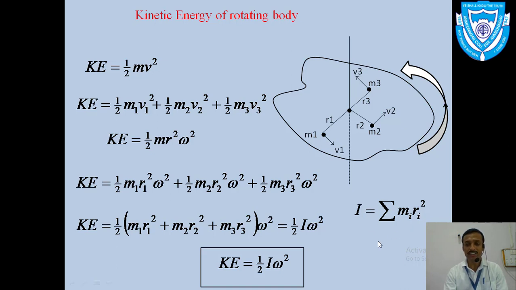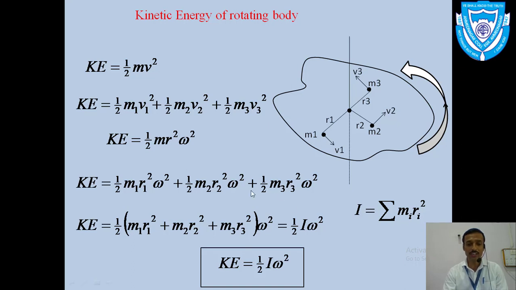You can remember the definition with the help of this mathematical form: moment of inertia is the sum, the summation of the product of the mass of the particle and the square of the perpendicular distance from the axis of rotation.